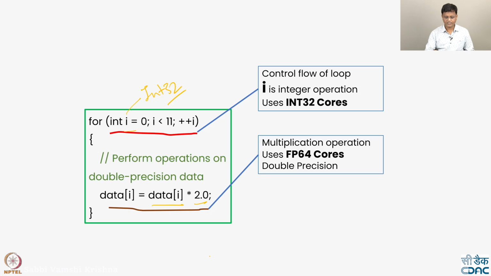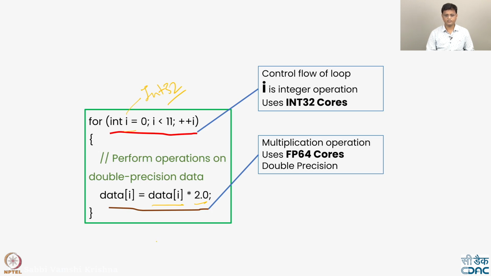So, that means at the same time these two units can be used for this kind of operation. In the INT32 core we will continuously increment the value of i, and this operation continuously brings the data from the respective locations and it will be multiplied by 2.0.